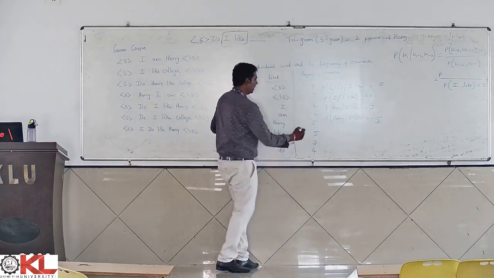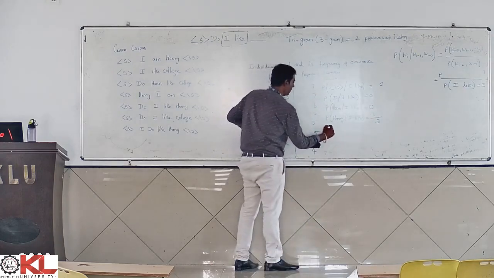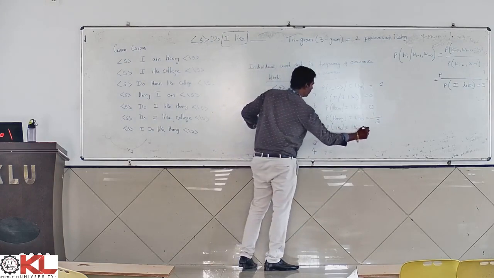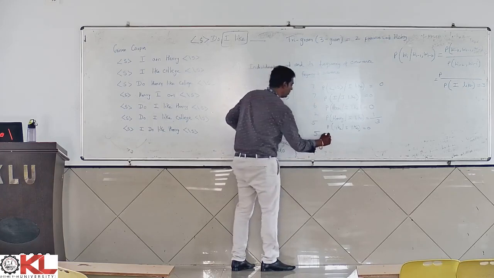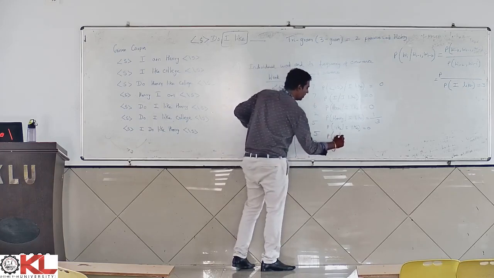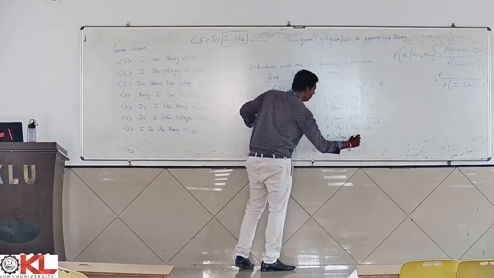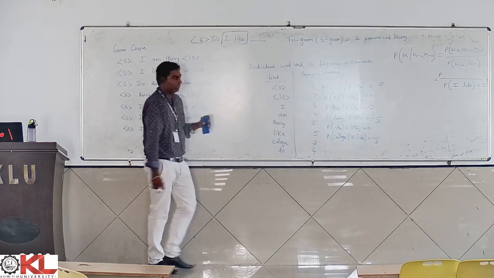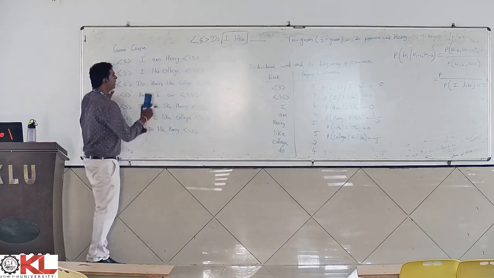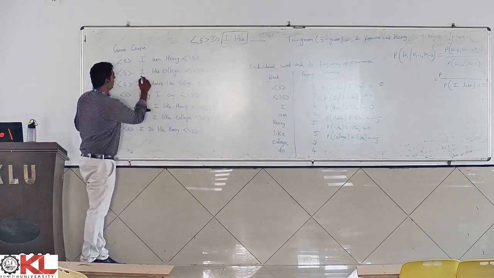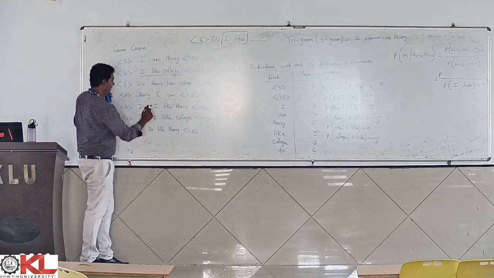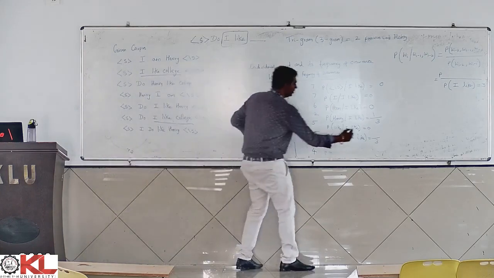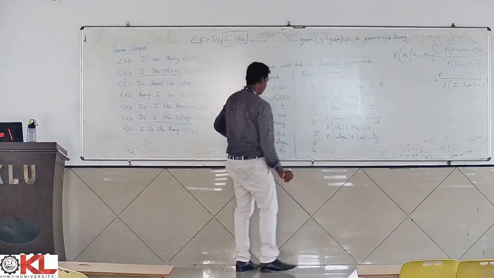Then the next one: how many times does "like" come after "I like"? This is also 0. Next, how many times does the word "college" come after the sequence "I like"? Here one time, and here another time. So 2 times, 2 divided by 3.